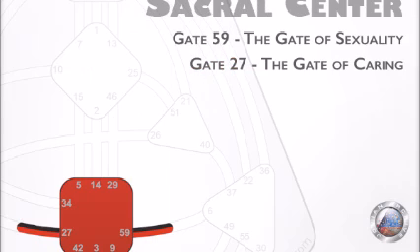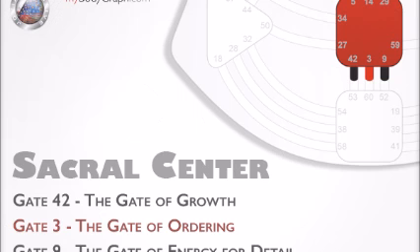Gate 27 leads to the spleen, and that's the gate of caring. Gate 59 leads to the solar plexus, and that is the gate of sexuality. And the 3 gates that lead down to the root are the 42, the gate of growth; Gate 3, the gate of ordering; and Gate 9, the gate of energy for detail.